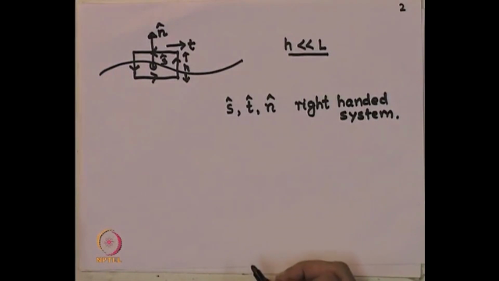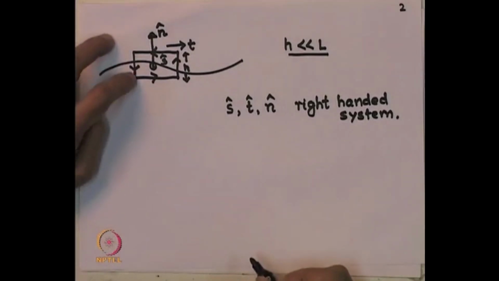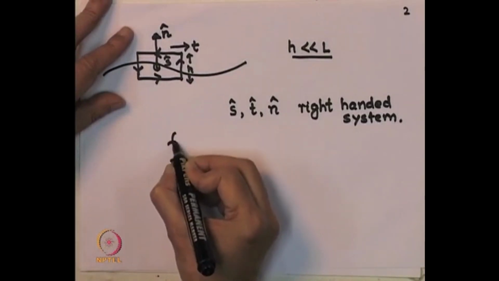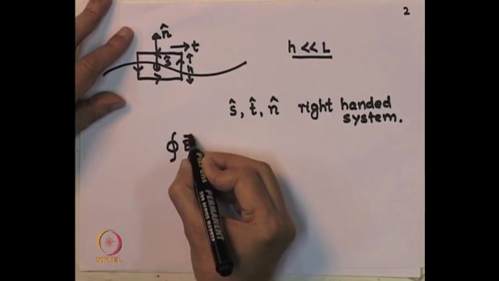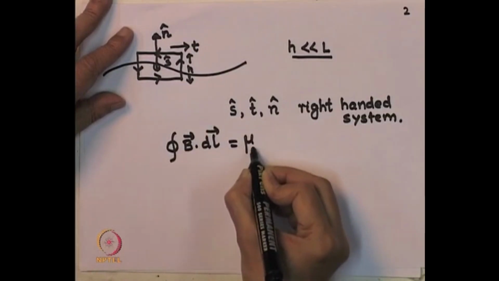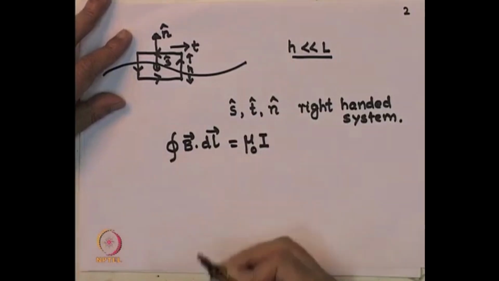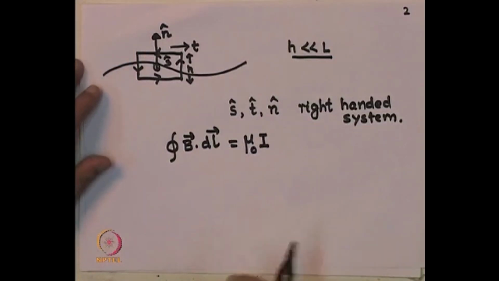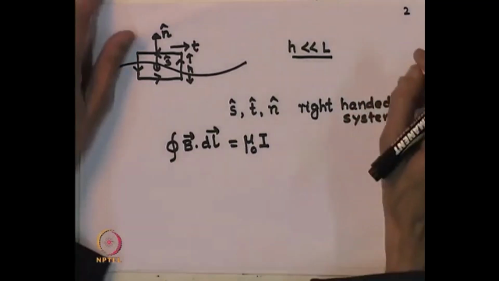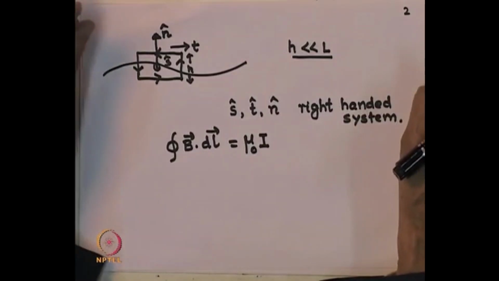So, let us look at this. I am going to use Ampere's law, which tells me that integral of B dot dl is equal to mu 0 times the current I that is flowing through. In this case, I am looking at a surface current. If you recall your electrostatics, I had a discontinuity in the electric field when there were charges on the surface.